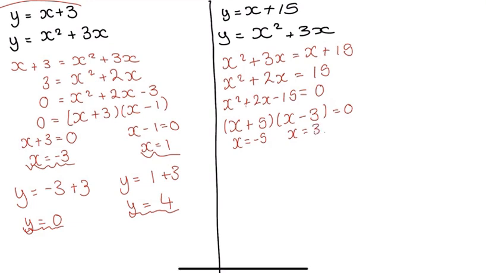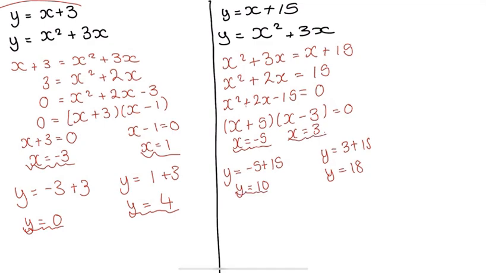Now to solve this fully, we need to find out what y is. So I'm just going to pick that first one. So you could have minus 5 plus 15, which would give you 10, or you could have 3 plus 15, which would give you 18. So your answers here are x equals minus 5 or 3, and y equals 10 or 18.